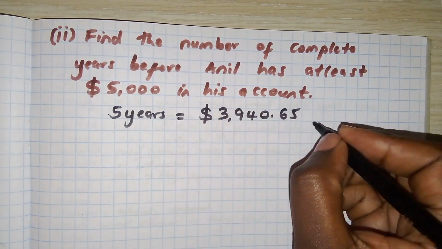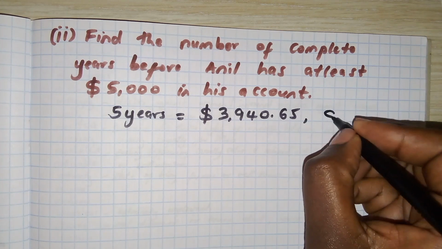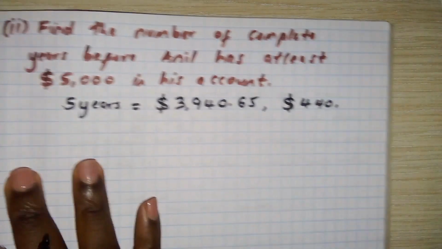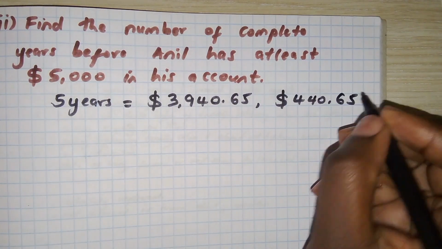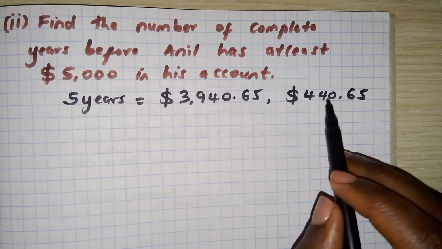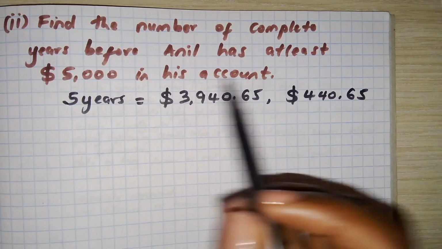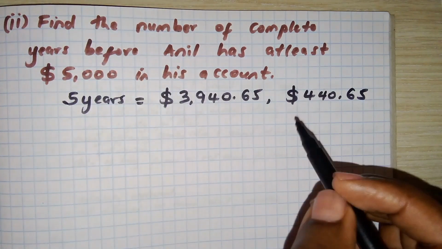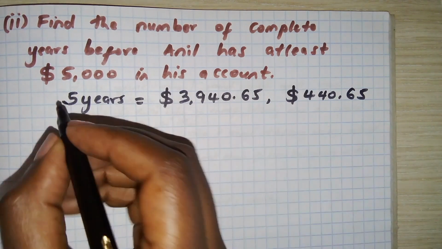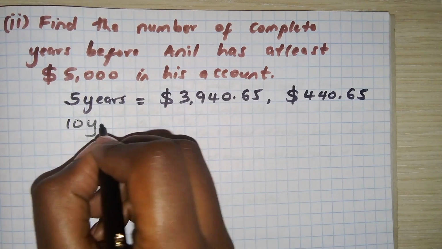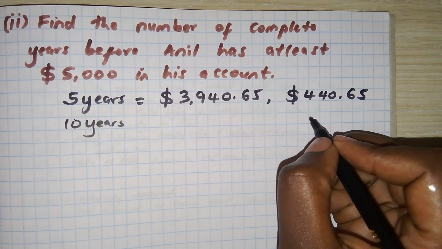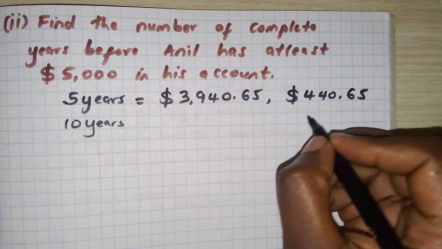He earned an interest of 440.65 on top of the 3,500. Another 5 years, he'll earn another 440. So we can estimate the total amount for 10 years.